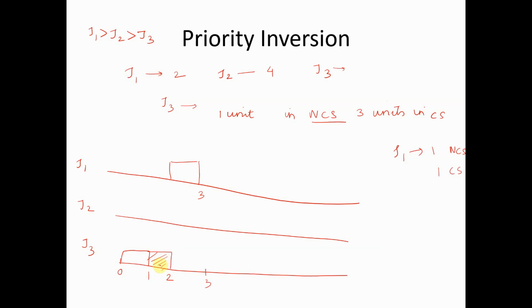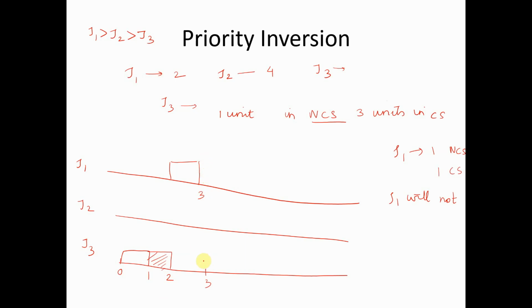Right now J3 is in critical section and J1 requests for this resource. Since J3 is already present, at this point J1 will get blocked. It will not be given this shared resource. Why? Because J3 is already present. So at this point, J1 will get blocked.